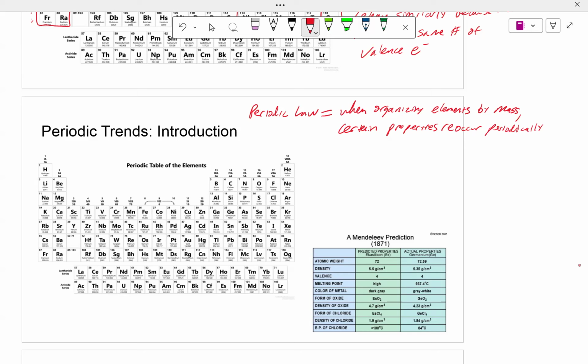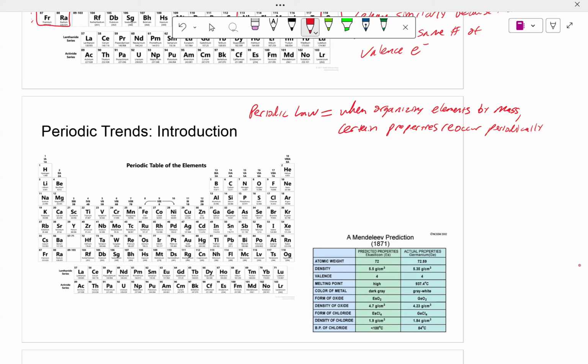The scientist Dmitri Mendeleev is known as the father of the modern periodic table. This was way back in the 1800s. Not all elements had been discovered yet. They didn't even have quantum mechanics yet. But what he noticed was that if he took the elements and laid them out in cards, or however he did it, certain trends would occur periodically.